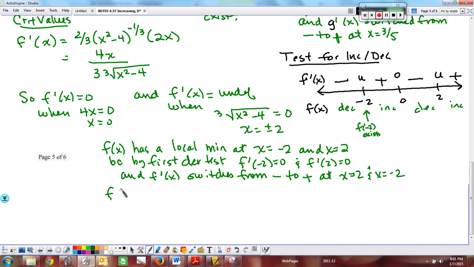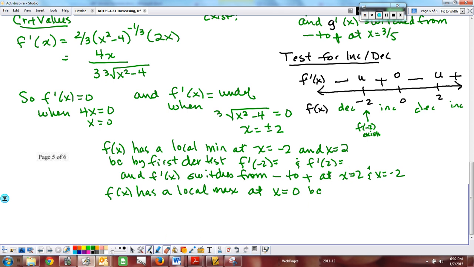And then we would say f of x has a local max at x equal to 0 because, oh, God, it's the end of the day and I'm getting tired.